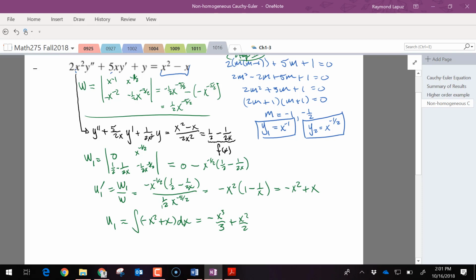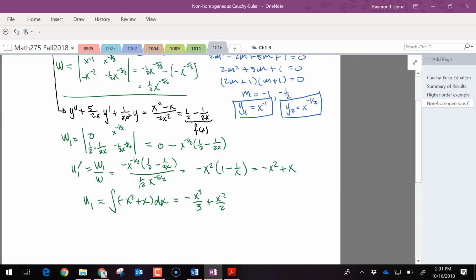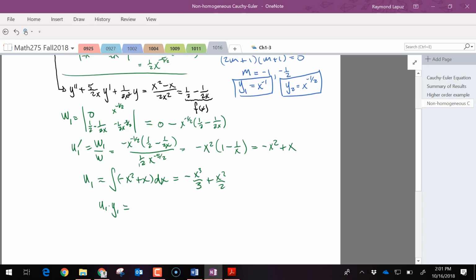Okay? And then part of what you're going to get is u1 times y1. So this is negative x cubed over 3 plus x squared over 2 times x to the negative 1. That's y1.